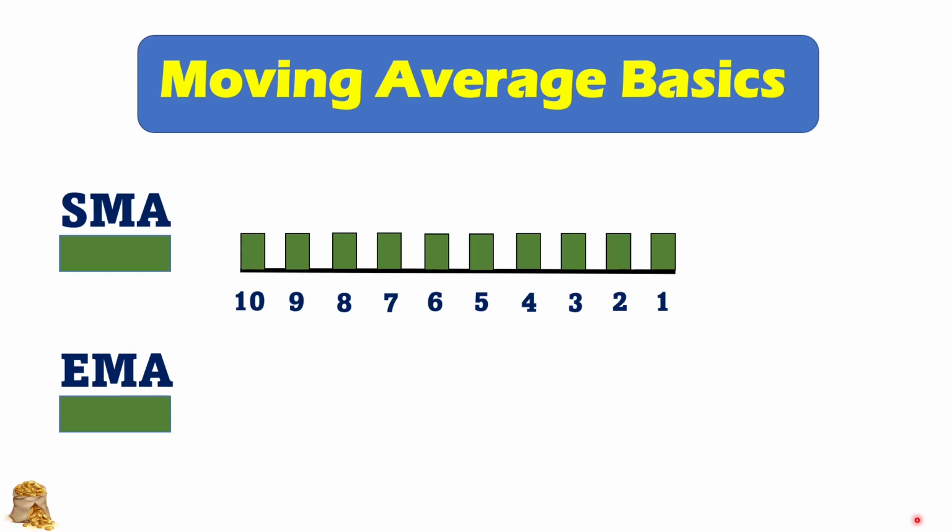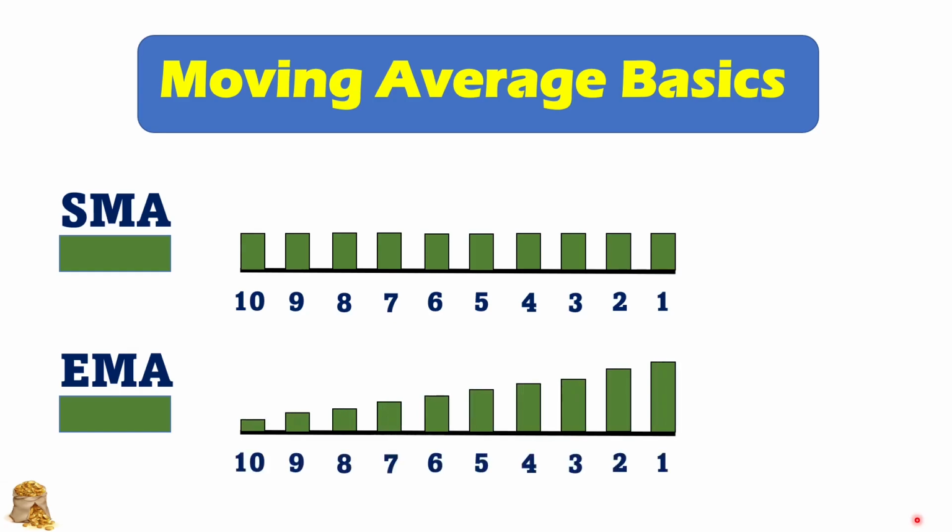For exponential moving average, we give more weight to the most recent bars. Here, for example, 1 is the current bar, so we give the most weight to it. This makes sense because the most recent bar close price will have more impact on the trend. This is only a demonstration of the weight here.